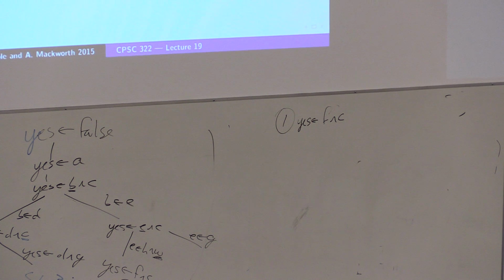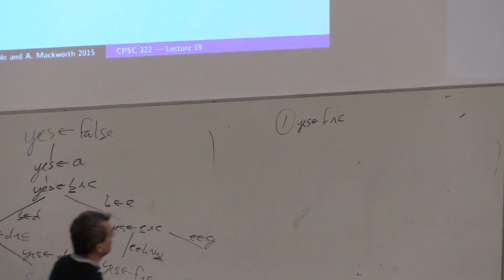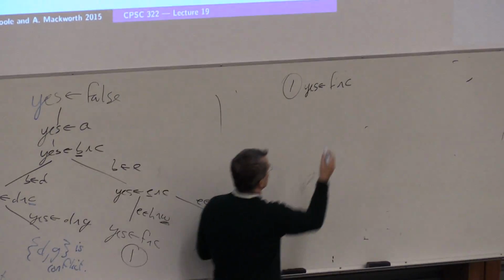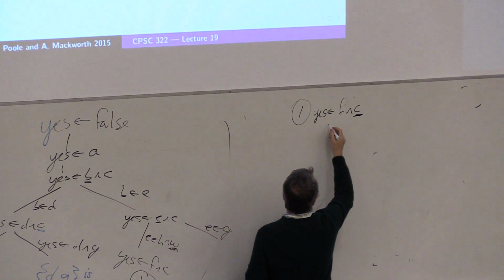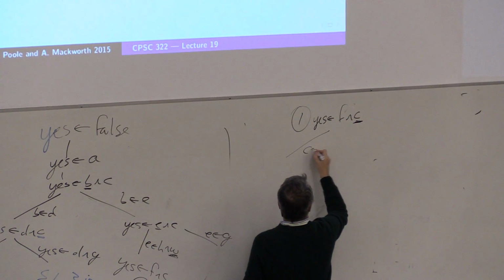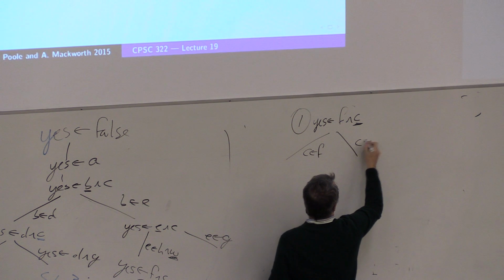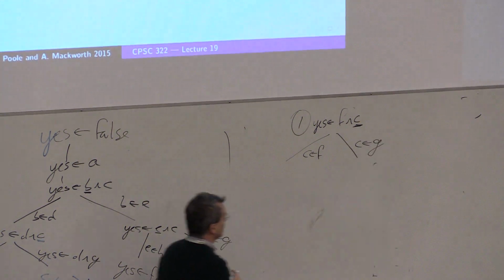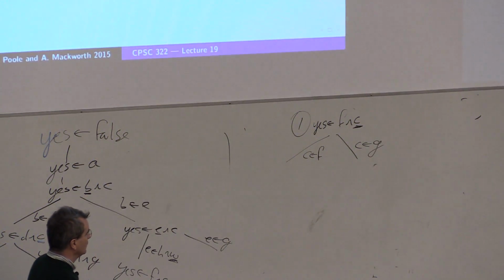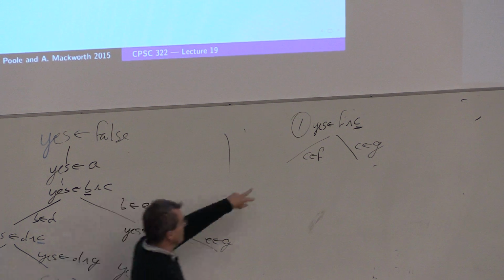now we're going to select an atom. What are we going to do here? We're going to select C. And there are two rules for C, C if F and C if G. And now what are we going to end up with here?